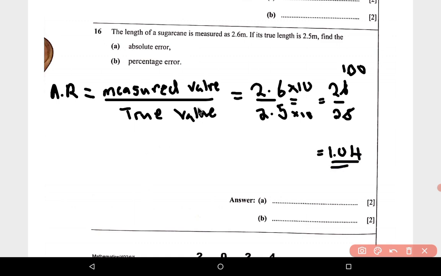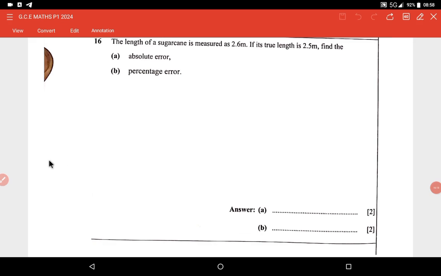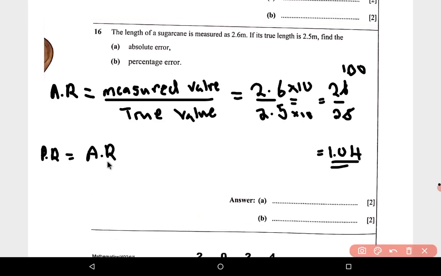This is the absolute error. And then the percentage error is simply equal to the absolute value over the true measurement times 100.